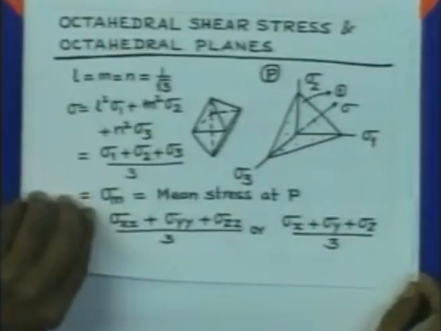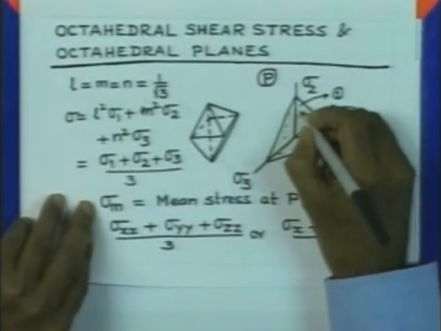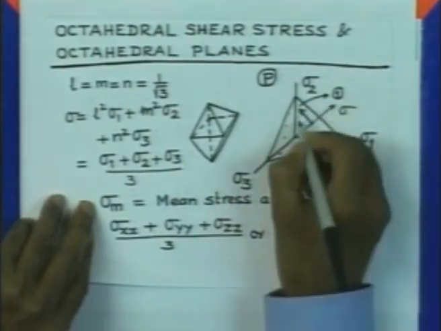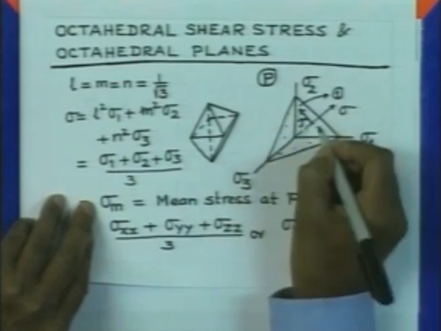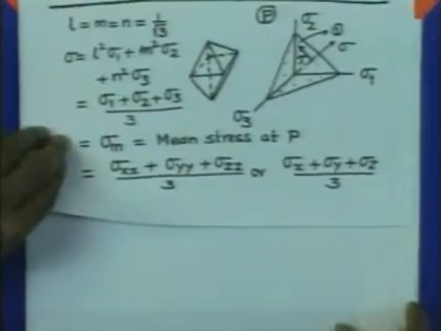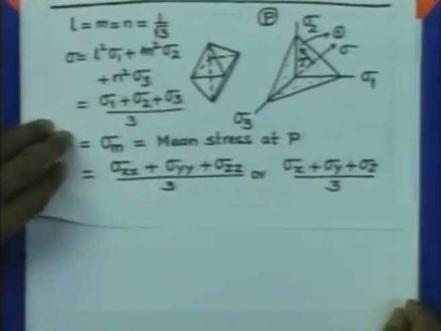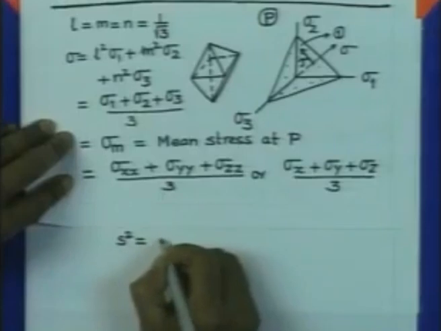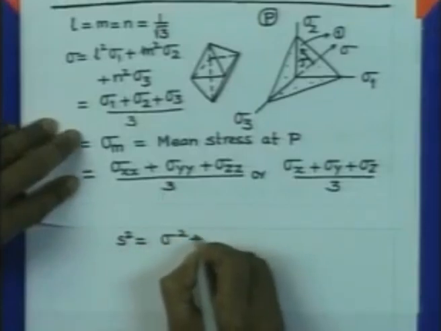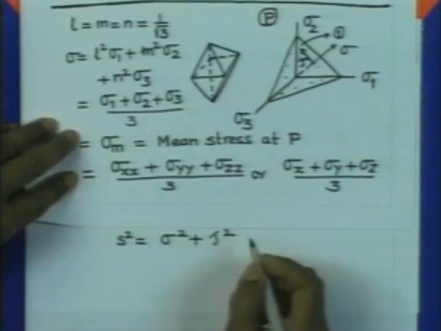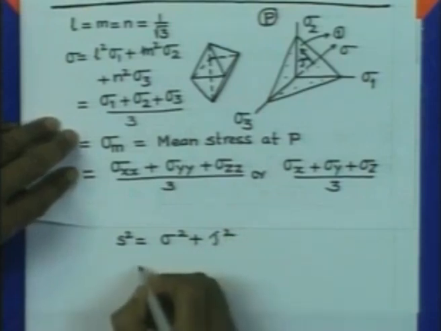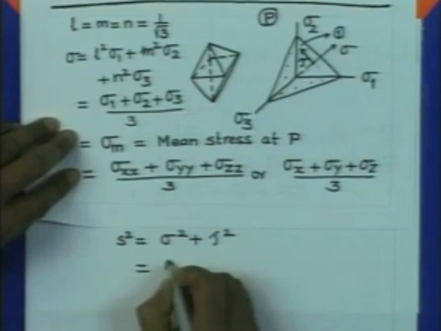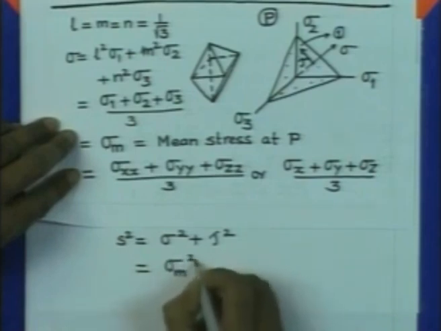We can also find out, if you consider that the shear stress on this plane is given by tau, then the resultant traction can also be obtained by considering the fact that S square is nothing but sigma square plus tau square, and sigma is nothing but sigma m on this plane.